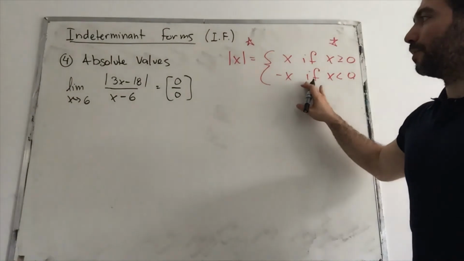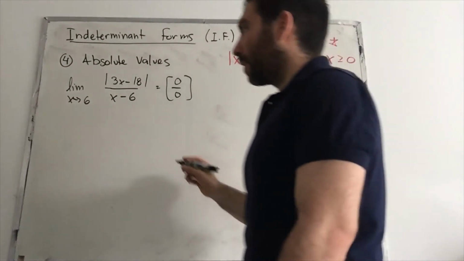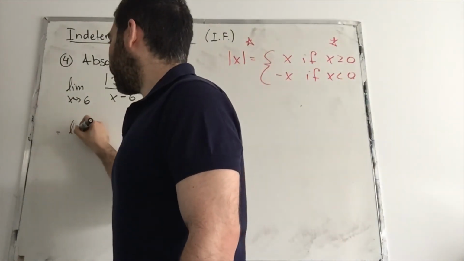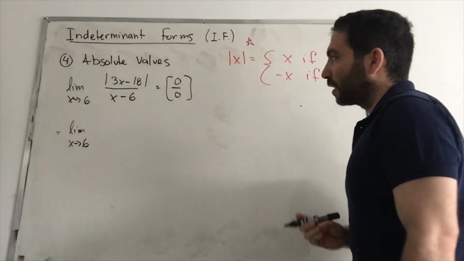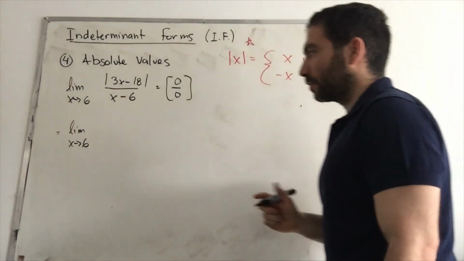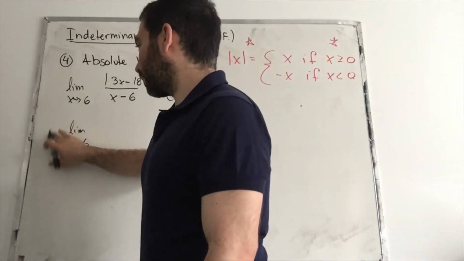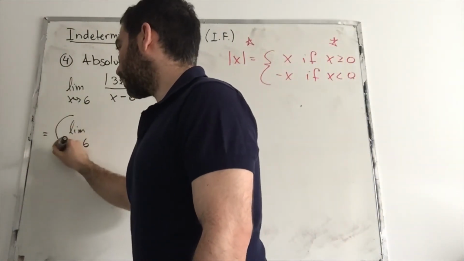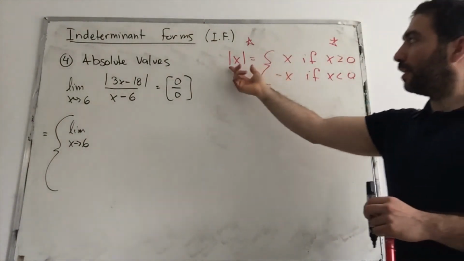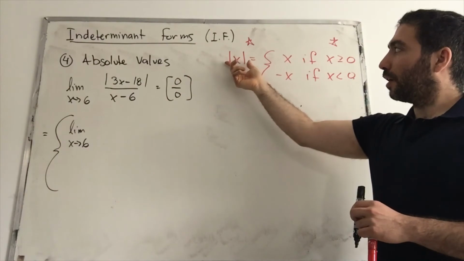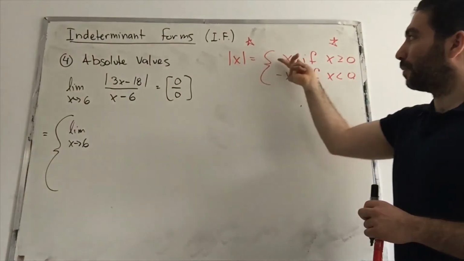But let's split it up using our definition. So we could rewrite this as the limit as x approaches 6, I'm going to put it in the bracket. And here it's saying essentially to take whatever's in the absolute value and place it here.